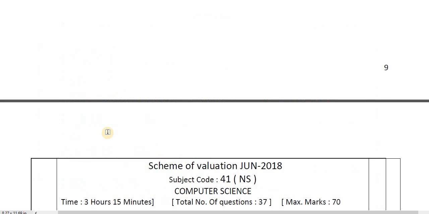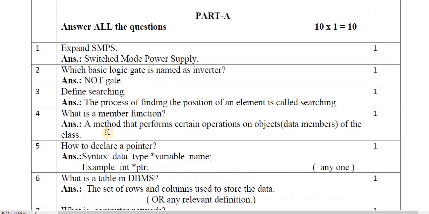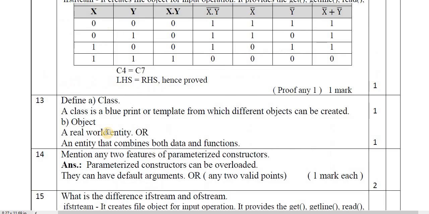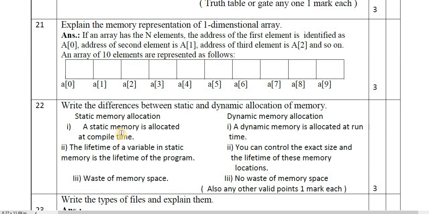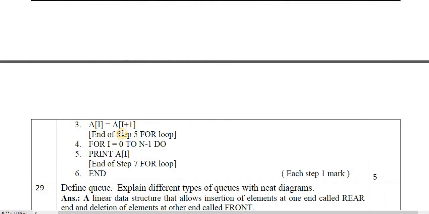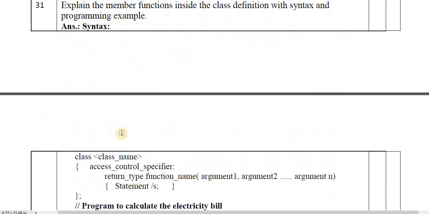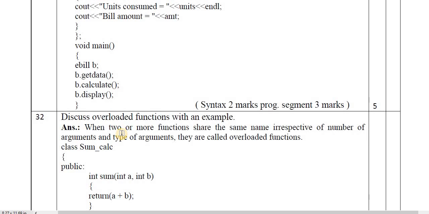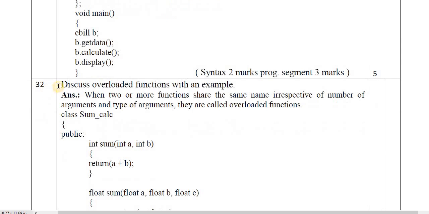Okay, this is the June 2018 question paper. Here the 5 marks question is: discuss overloaded function with example. Discuss means we have to write the definition of overloaded functions with some rules or conditions, with an example.